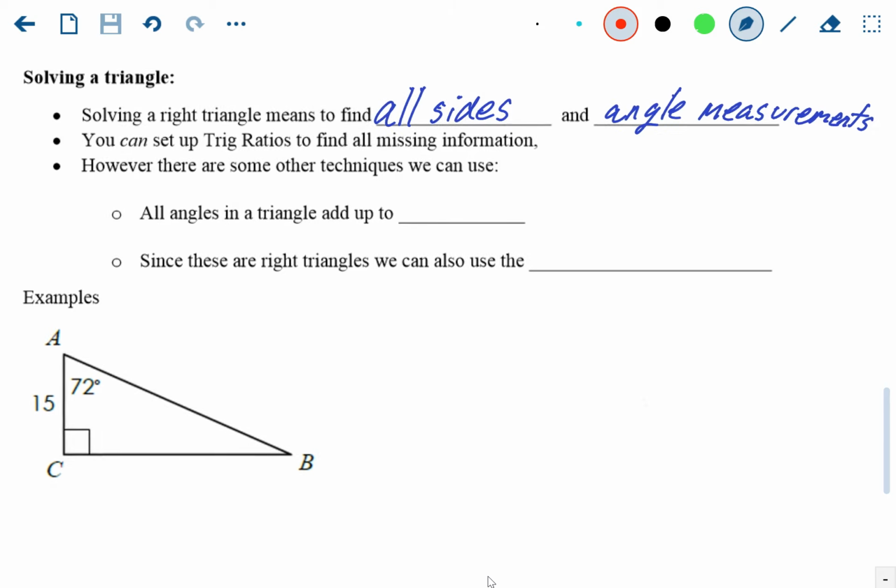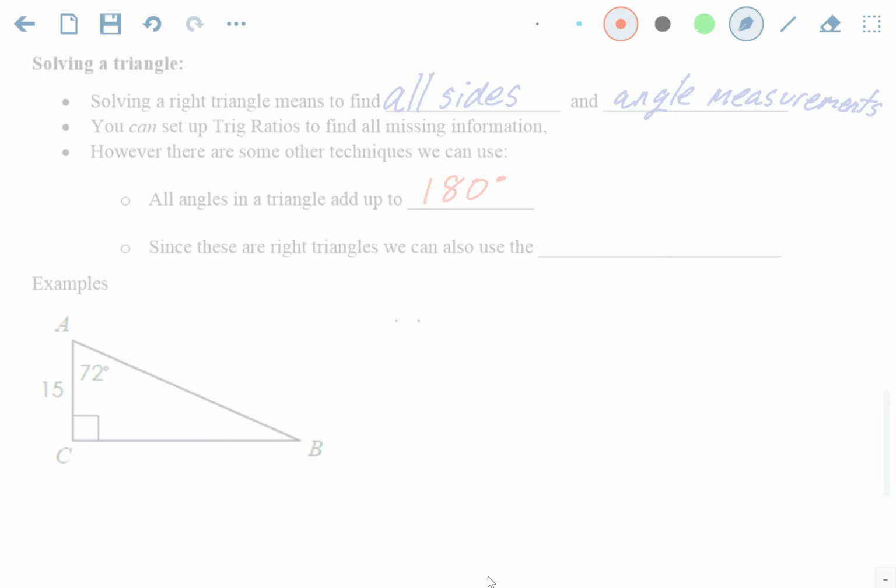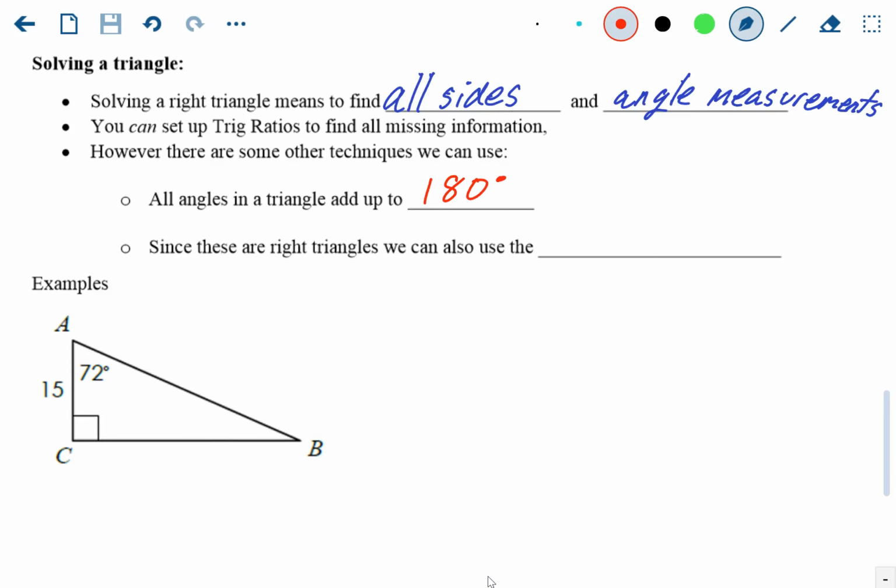So the first thing that we could do is recall from geometry that all angles in a triangle add up to 180 degrees. So for example, if you know two angles in the triangle, you automatically know the third one because they have to all add up to 180. And since these are all right triangles, you could also use the Pythagorean Theorem to find a missing side.